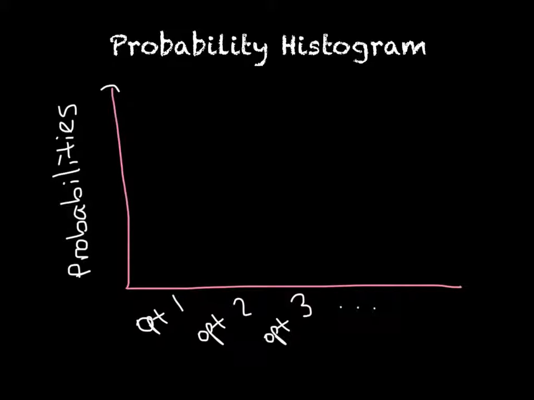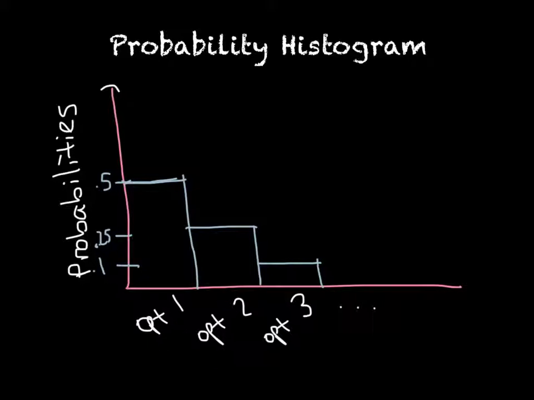So for example, if option 1 had a probability of 0.5, then I would label this as 0.5, and I would draw a bar going up to that. And if option 2 had a probability of 0.25, then I would draw a bar to represent that. And let's say option 3 has a probability of 0.1, so I can draw a bar here. And you keep going until you've drawn bars to represent all of the options.